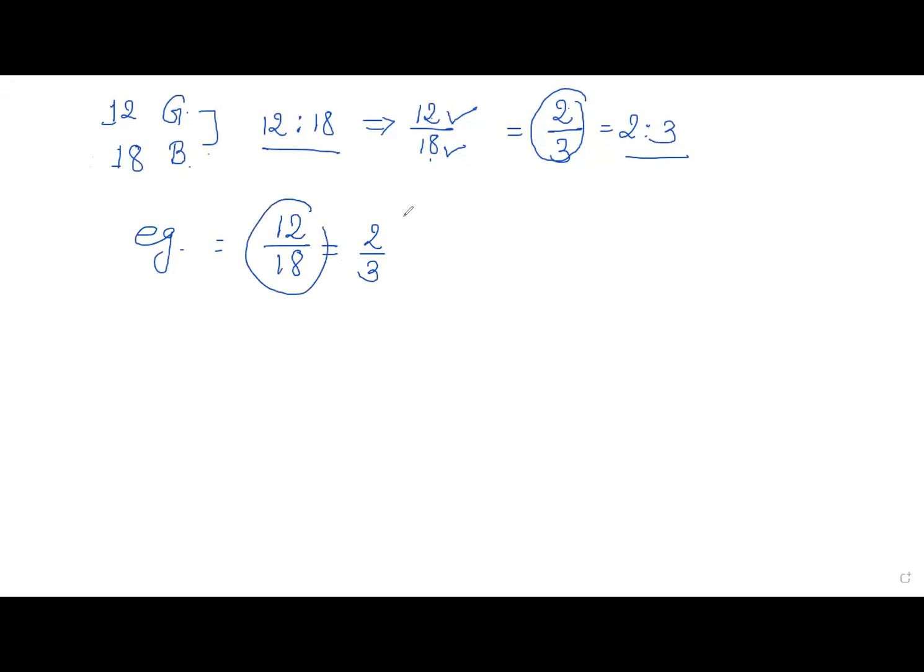Suppose we take A is to B, this ratio, and again C is to D, and we have to show that the terms A, B, C, D are in proportion. So it can be put as A is to B is to C is to D. Means we can say that the terms A, B, C, D are all in proportion.